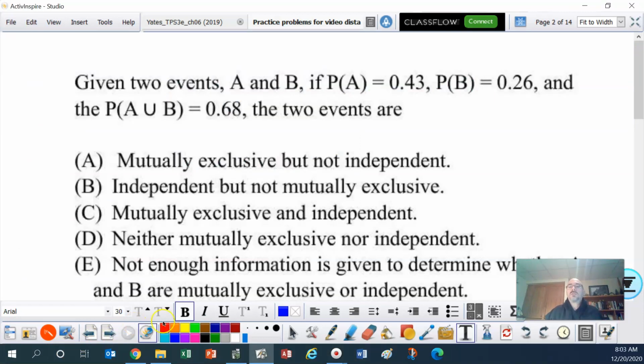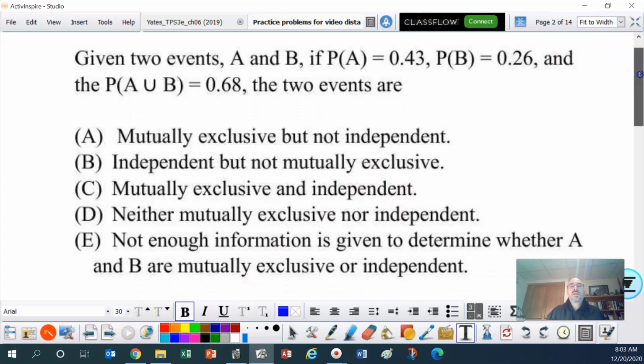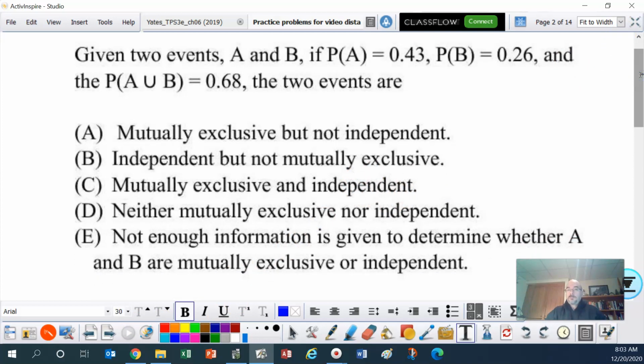In this first problem, we've got a multiple choice question. It says, given two events A and B, if the probability of A is 0.43, the probability of B is 0.26, and the probability of A or B is 0.68, the two events are... This is where you need to know what all of these things are.